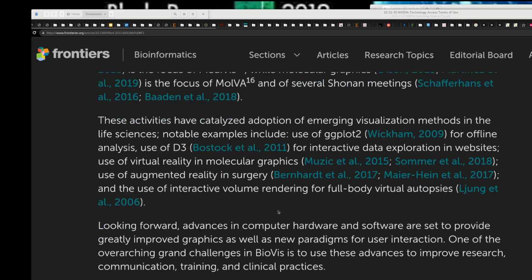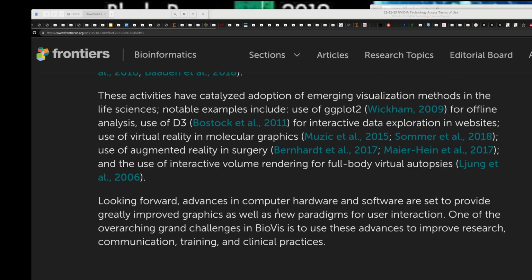These activities have catalyzed adoption of emerging visualization methods in the life sciences. Notable examples include use of ggplot2 (Wickham 2009) for offline analysis, use of D3 (Bostock et al. 2011) for interactive data exploration in websites, use of virtual reality in molecular graphics (Müsic et al. 2015, Sommer et al. 2018), use of augmented reality in surgery (Bernhardt et al. 2017, Maier-Hein et al. 2017), and the use of interactive volume rendering for full-body virtual autopsies (Jung et al. 2006).